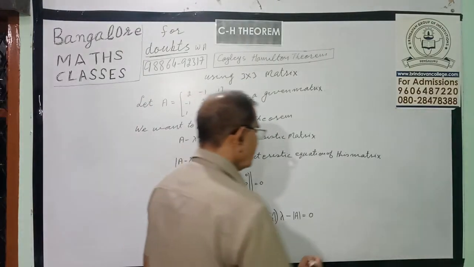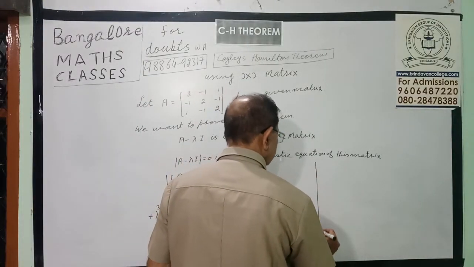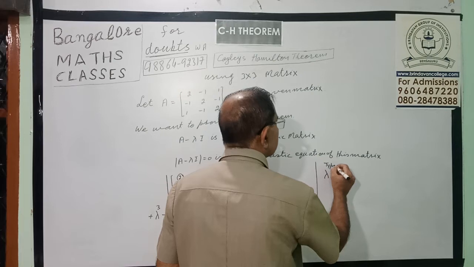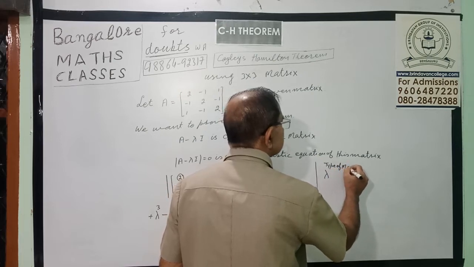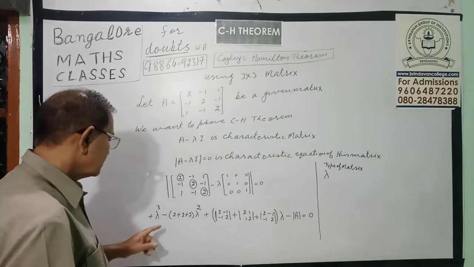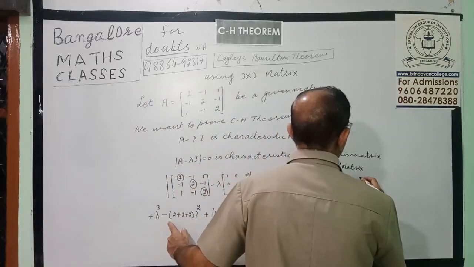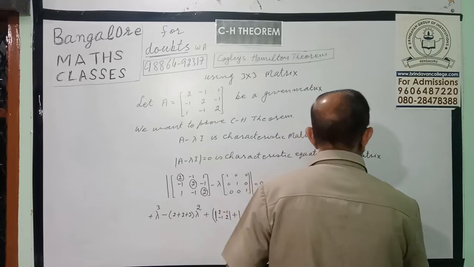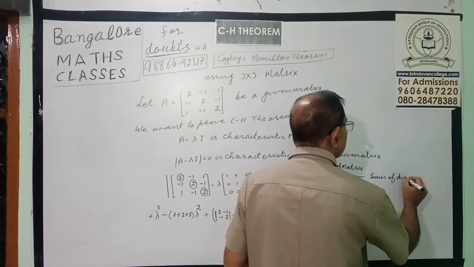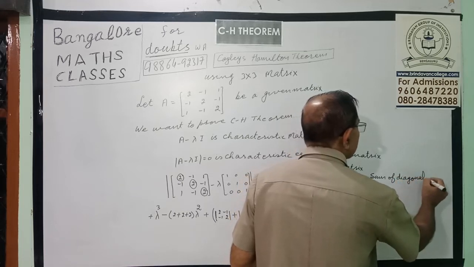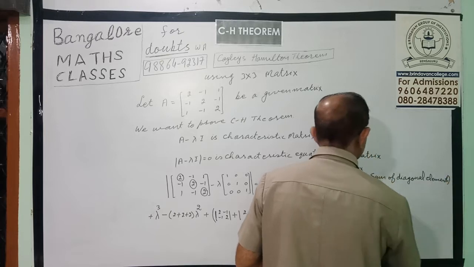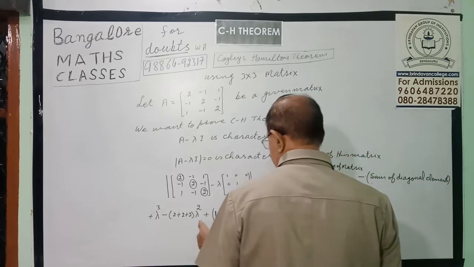I am writing this identity, how I have written it. The identity is lambda to the power of the type of the matrix, minus the sum of the diagonal elements, into lambda square.